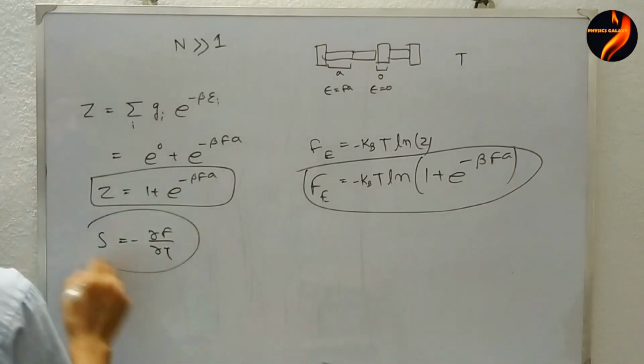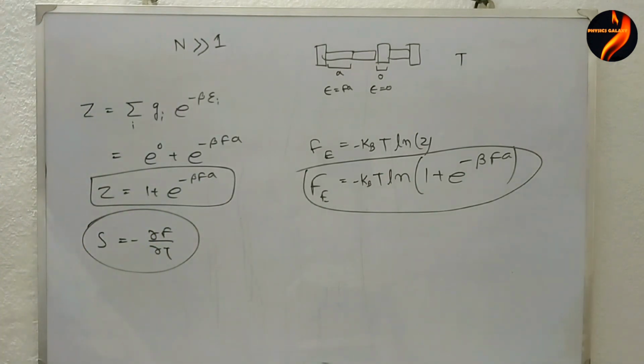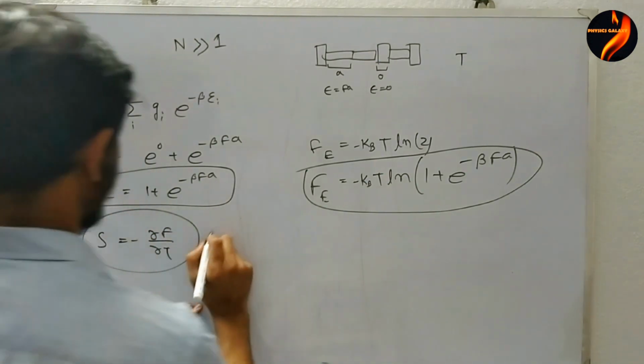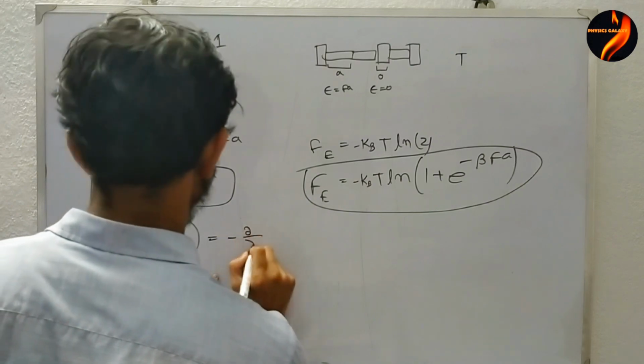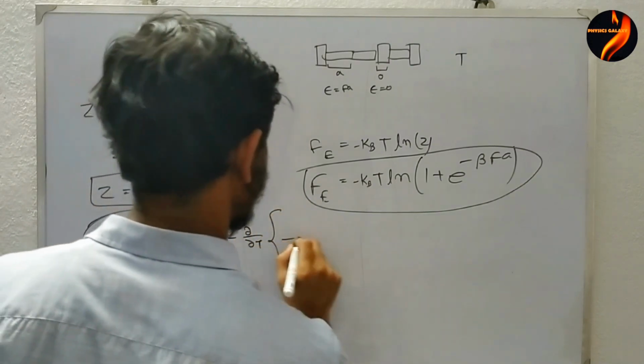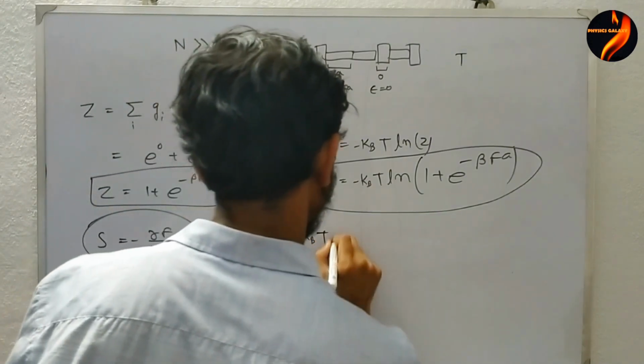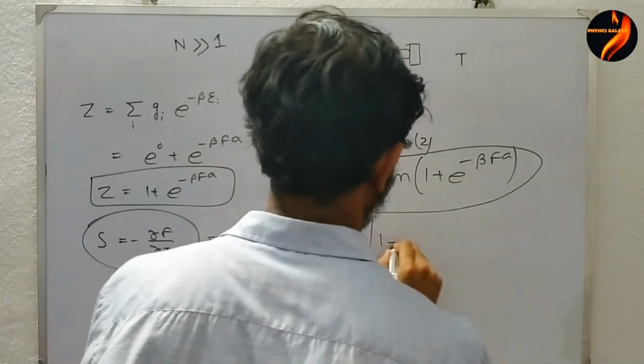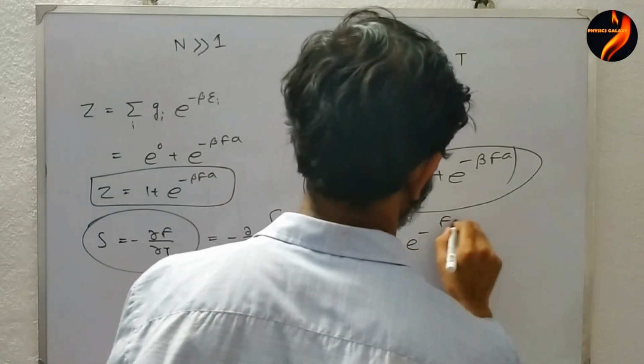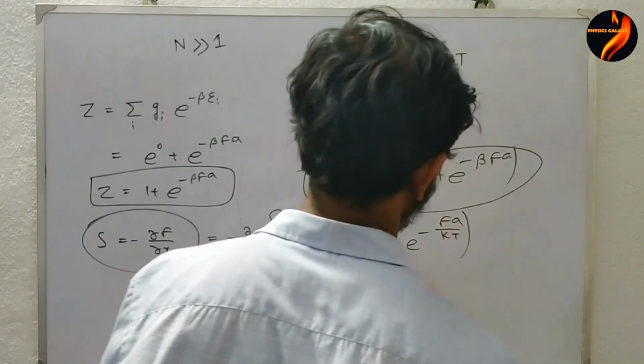For entropy, we know this, so just try to calculate this: del by del T of minus kBT ln of 1 plus e to the power minus Fa by kT.